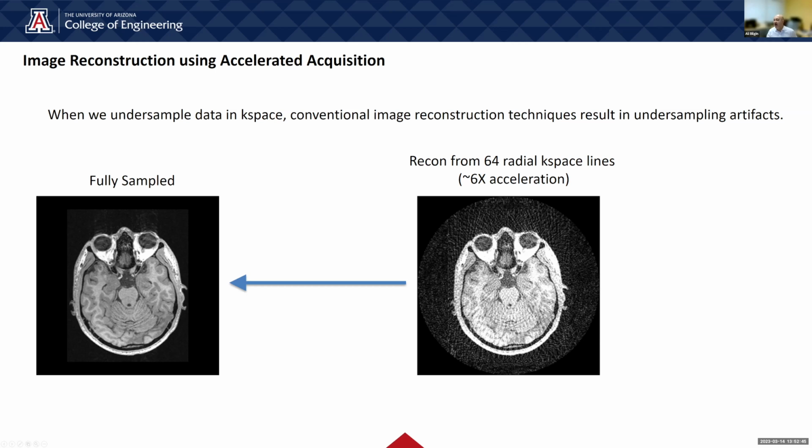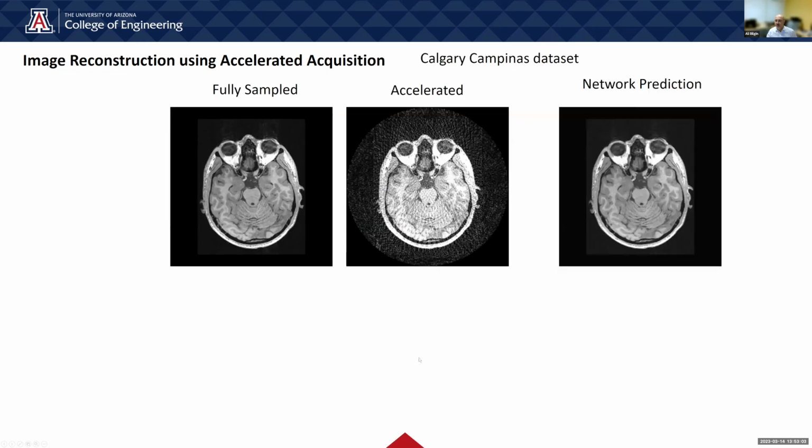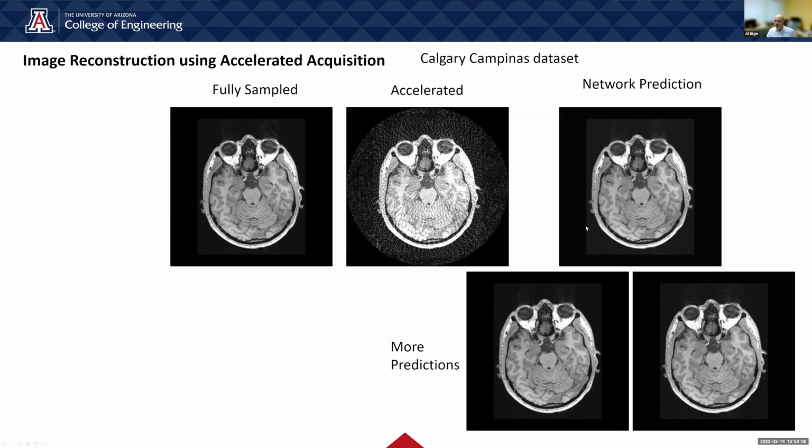You see a lot of artifacts that are due to that acceleration. And really, this is the fully sampled image. This is what I would like to get. So again, using the same process, if I provide this accelerated image as kind of side information and try to generate a sample from the full image, these are some of the images that I get.